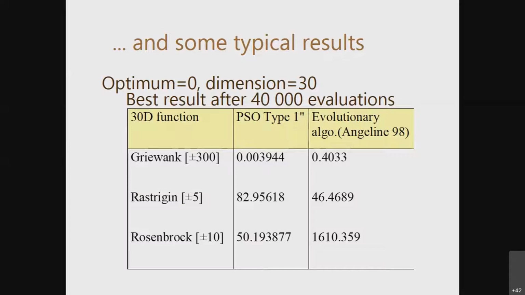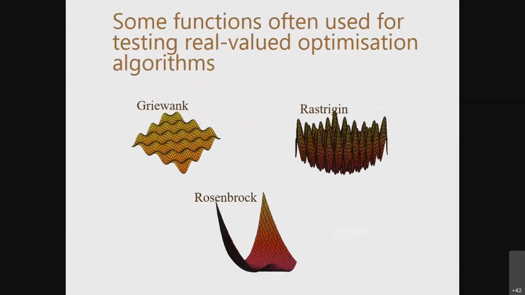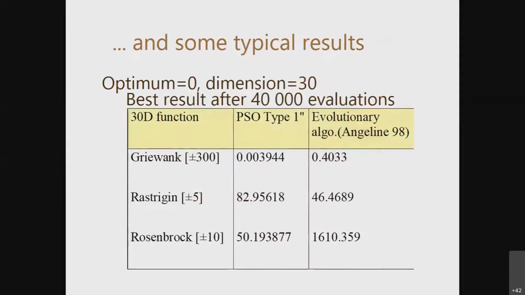For example, in the first case, the Griewank function, the leftmost function, the global optimum is 0, and we converge at 0.003. But for Rastrigin and the other function, Rosenbrock, which are really nasty functions, you can see that you are not able to reach the optimum with the standard PSO.